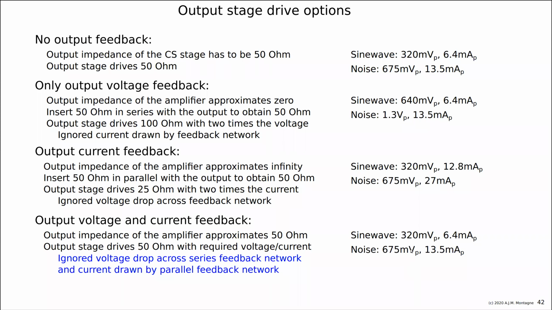And of course, we are not exactly making a CS stage that can only drive 675 millivolt or 320 millivolt. We always must have reserve. So we must have extra for, let's say, losses that will happen that we didn't know upfront.